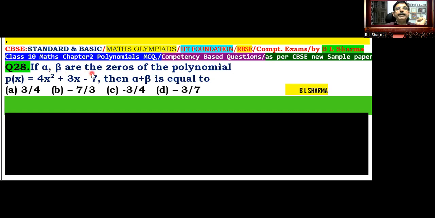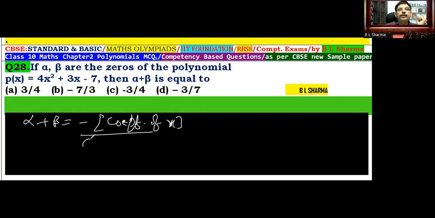If alpha and beta are the zeros of the quadratic polynomial 4x square plus 3x minus 7, then what will be the sum of zeros? Again, we know that sum of zeros is given by negative of coefficient of x upon coefficient of x square, negative as it is.